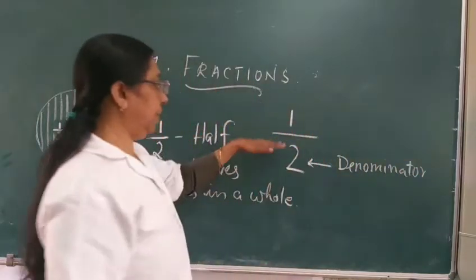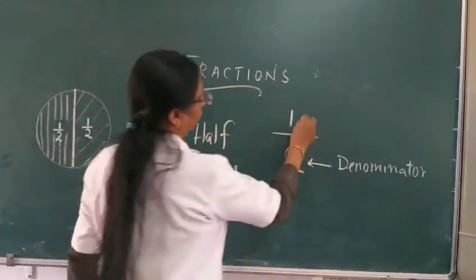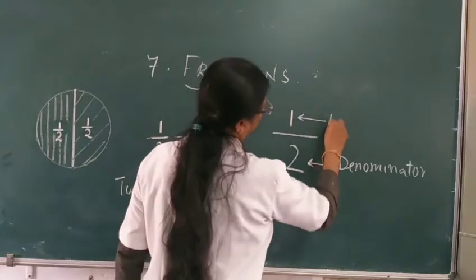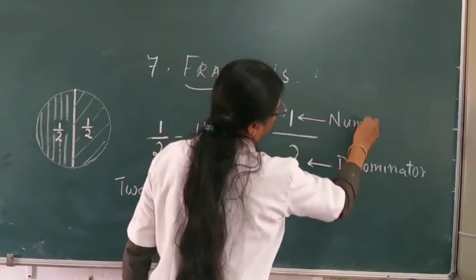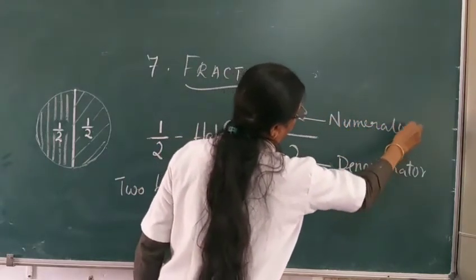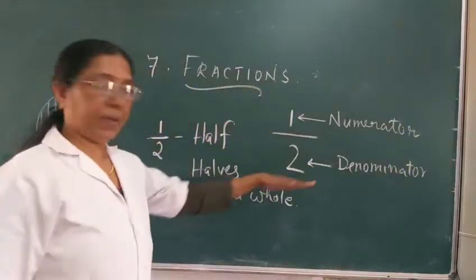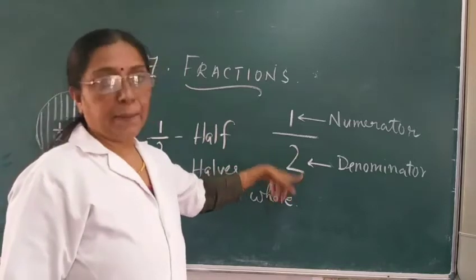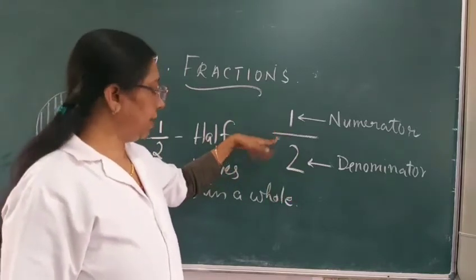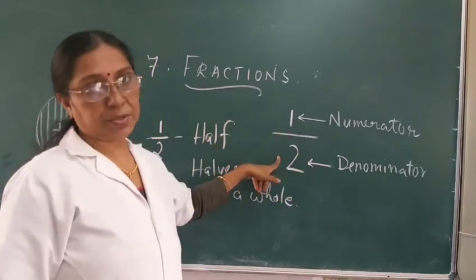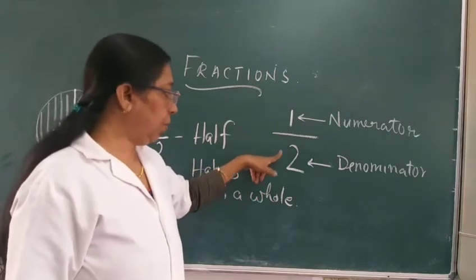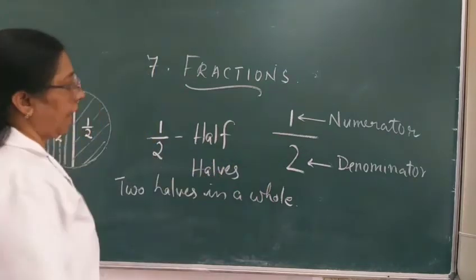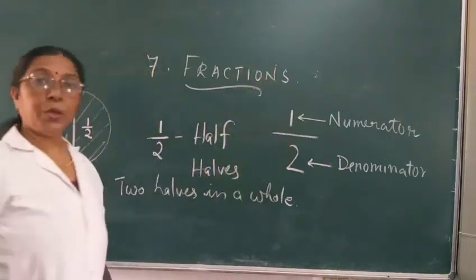And the number above the line is called the numerator. This is the numerator. Denominator, numerator. Very important points. The number below this line is called the denominator and above this line is called the numerator.